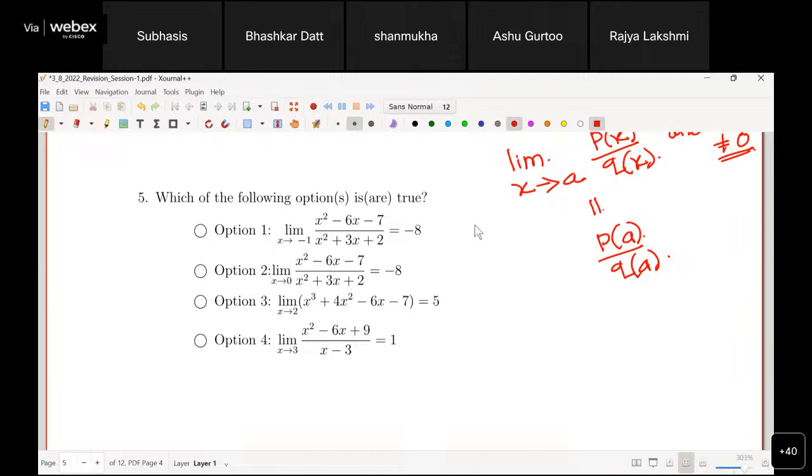So now let me apply this. For question number 1, can you tell me what will be the limit of the function given in option 1? If we substitute, it is 0 by 0.